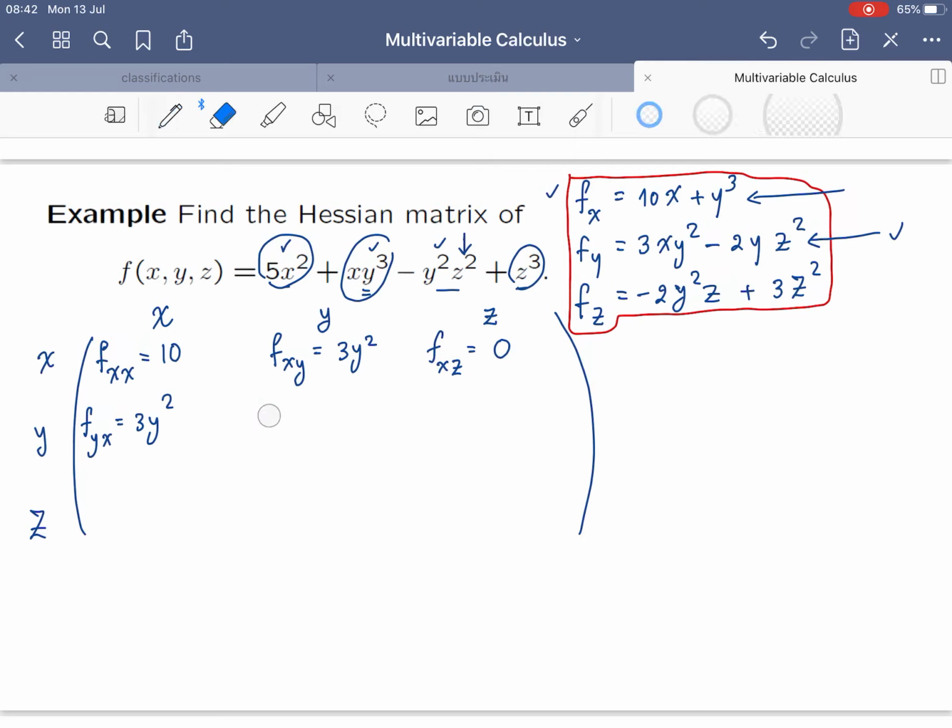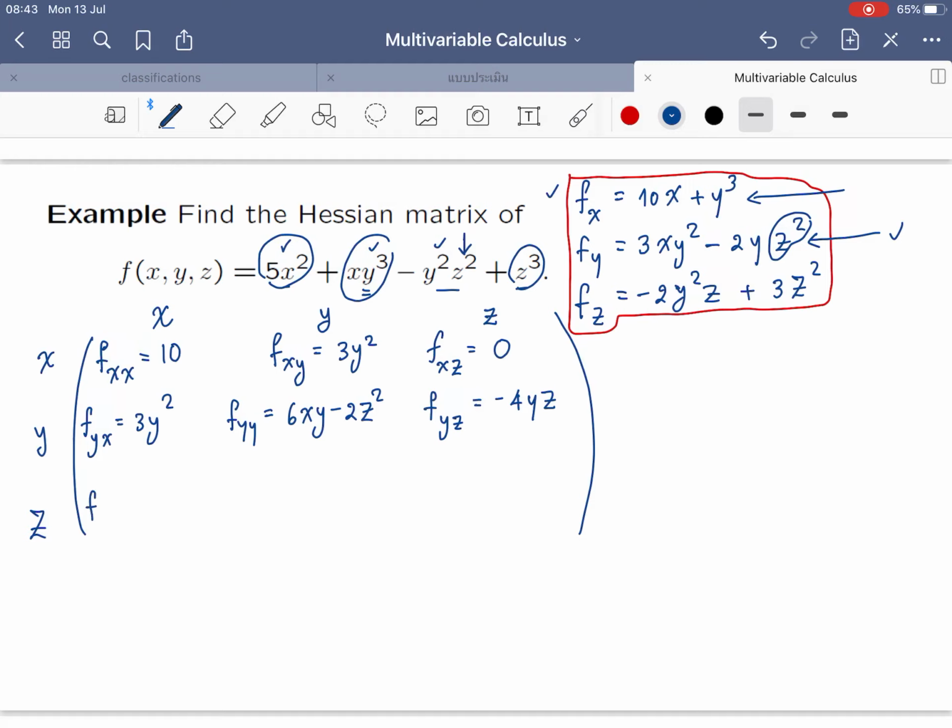So it is 6xy and 2z squared, and the last one, f sub yz. The z term is there, so you have negative 4yz.